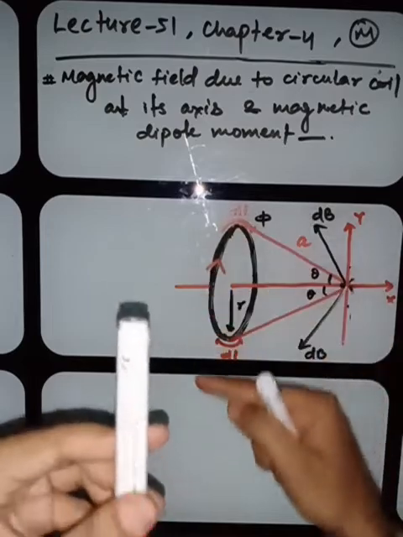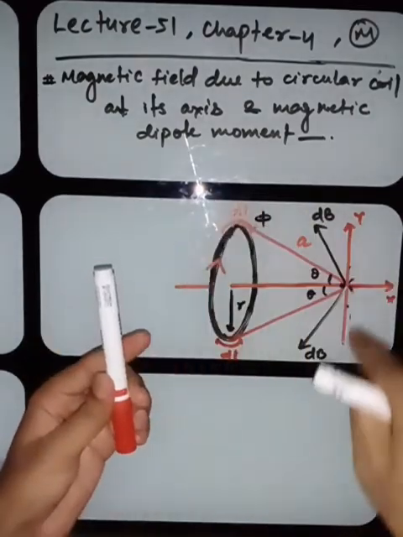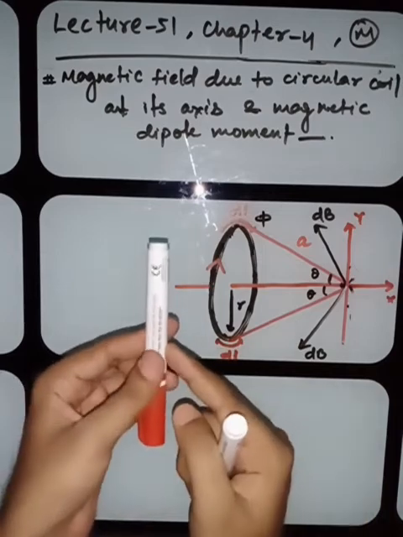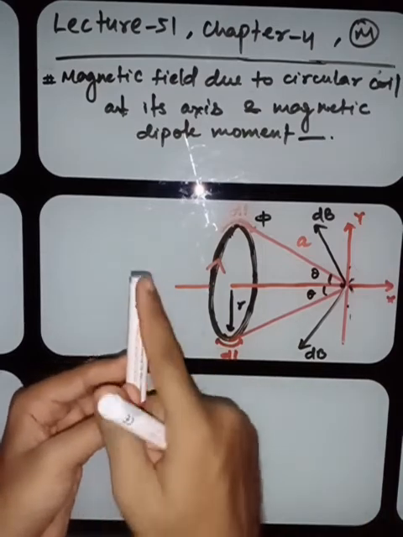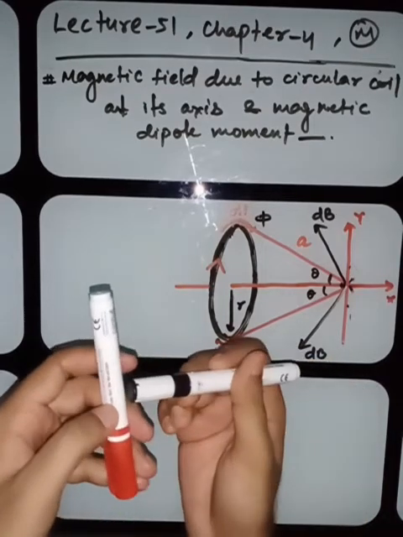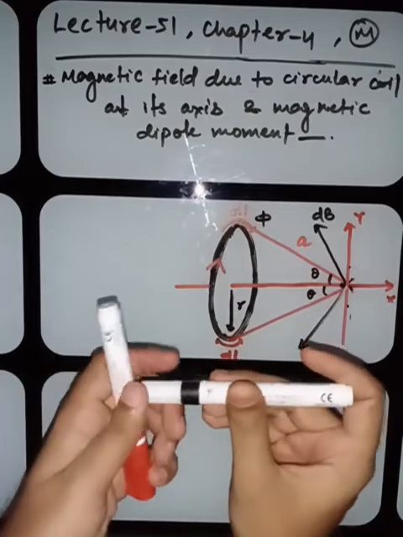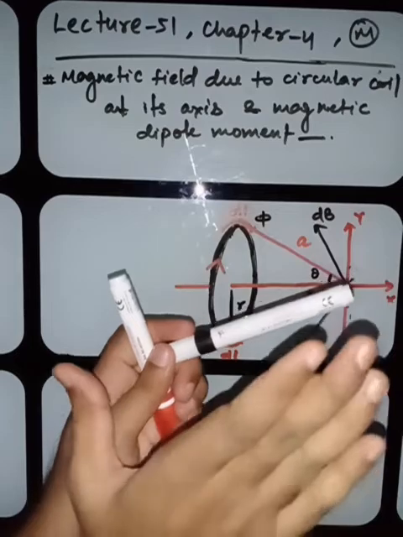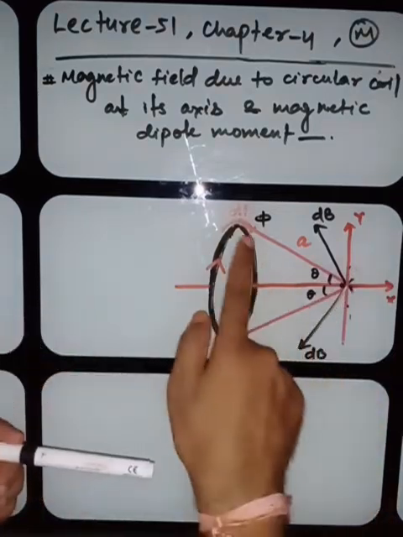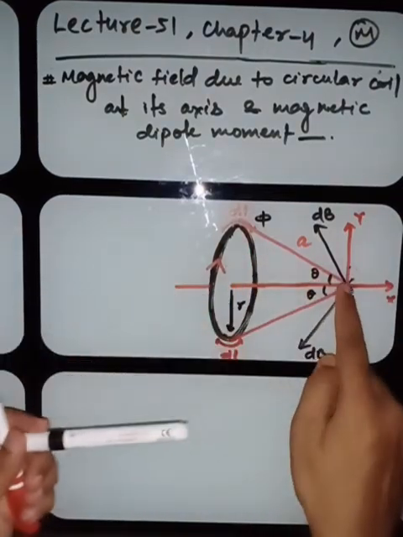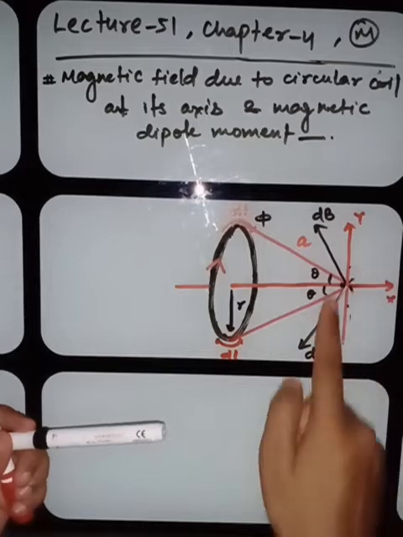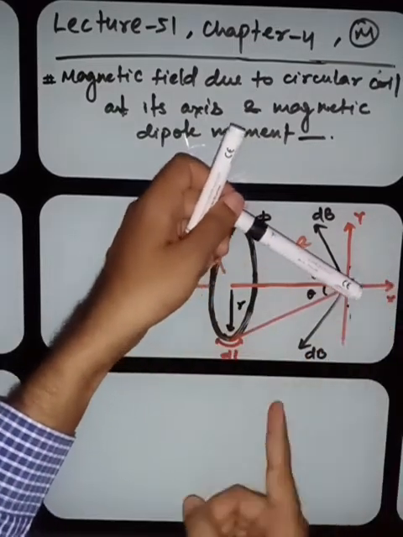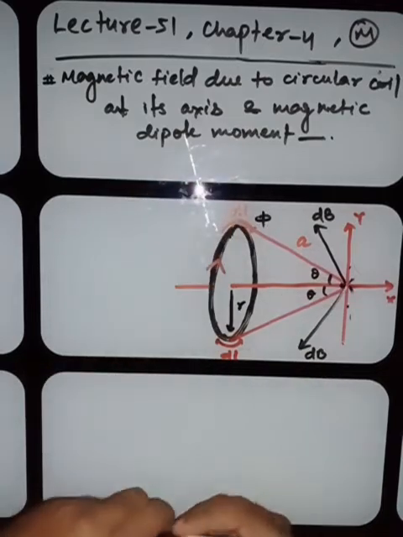Suppose this is the conductor, and this is my dl. The current is going in this direction, and you have to find the magnetic field at this point. Suppose this point is straight, then the magnetic field will be downward. But it has been tilted, so the magnetic field will also be tilted by the same angle.